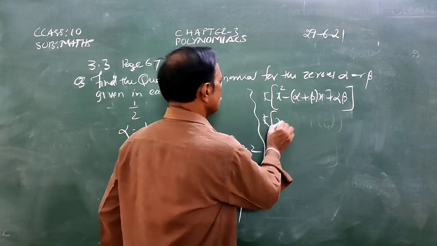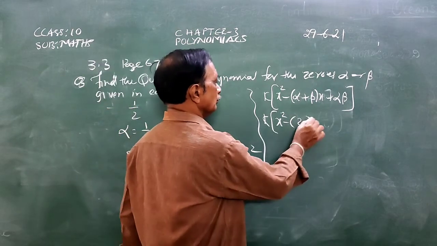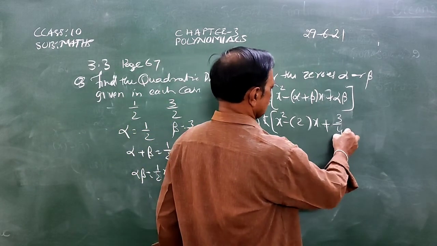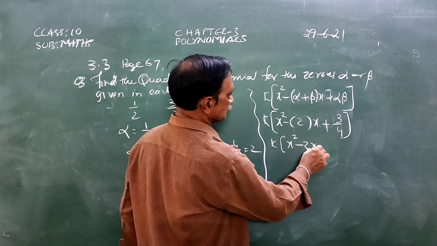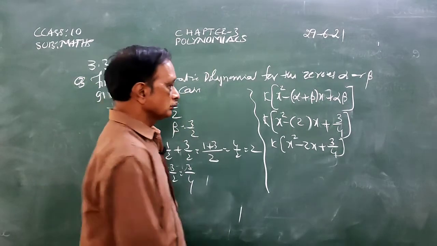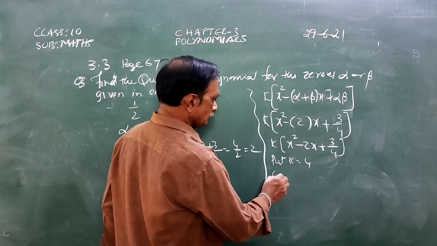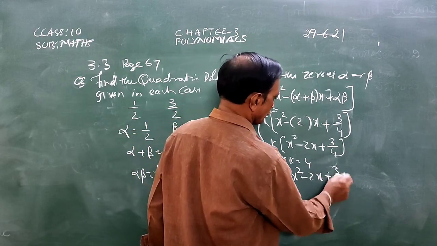If need be, go to that video once again. So, k into x square minus half, what is alpha plus beta? 2. What is alpha into beta? 3 by 4. Now k into x square minus 2x plus 3 by 4. Now we take the value of k as well. Put k equal to 4. 4 into x square minus 2x plus 3 by 4.